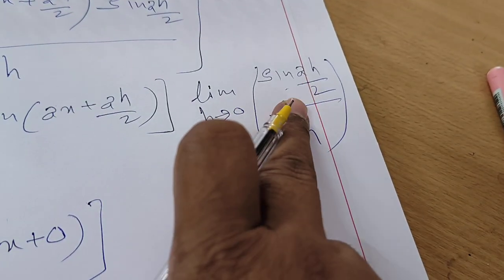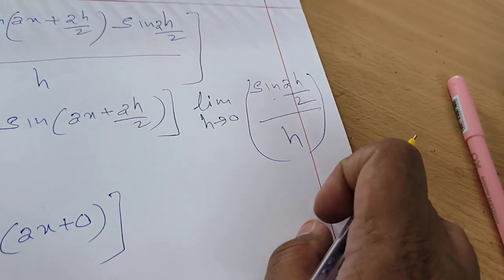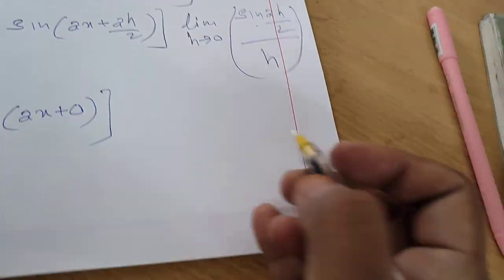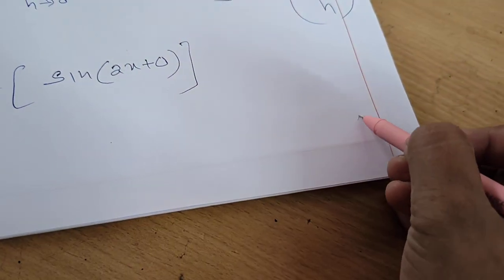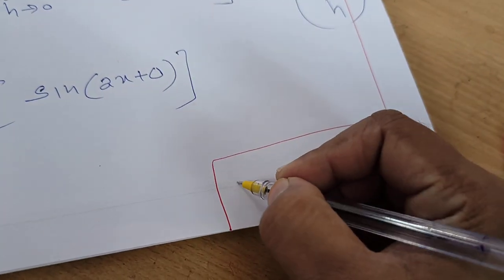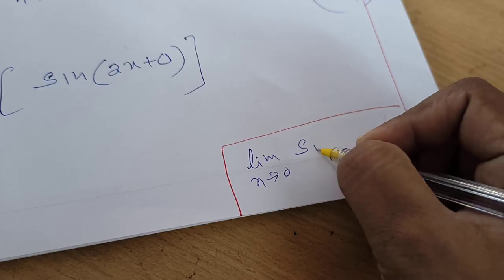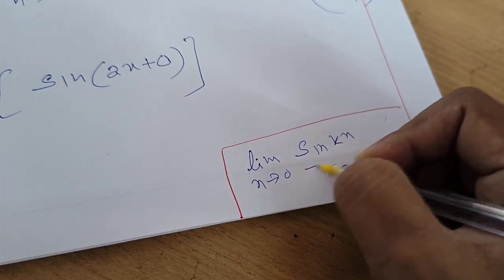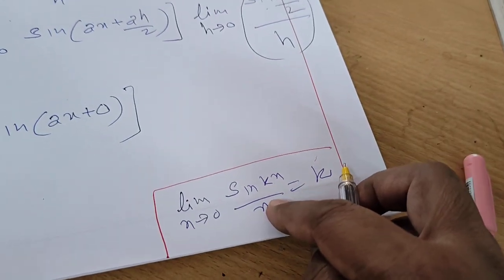Limit x tends to 0 of sin kx by x is equal to k, means the coefficient of x is k.